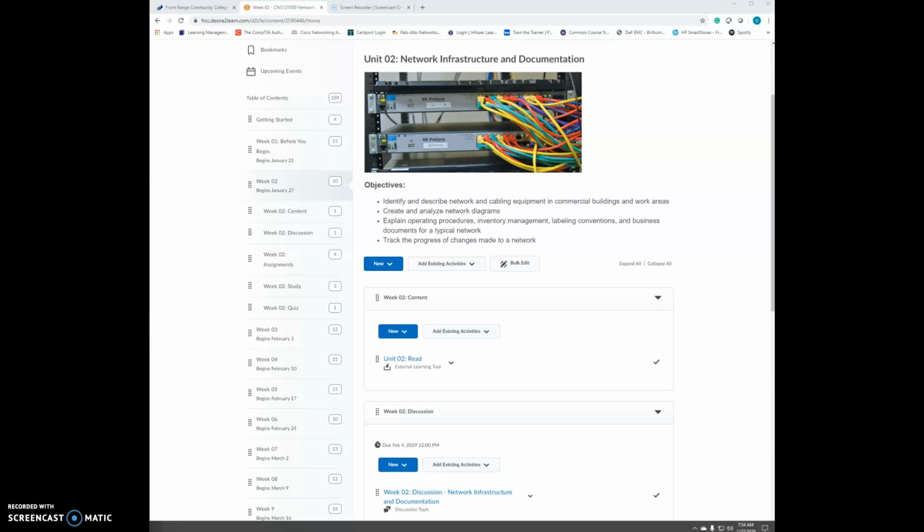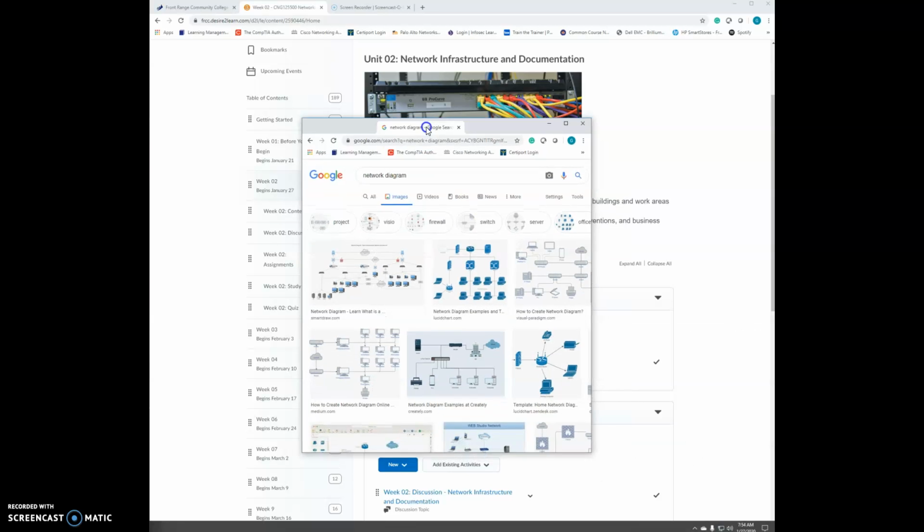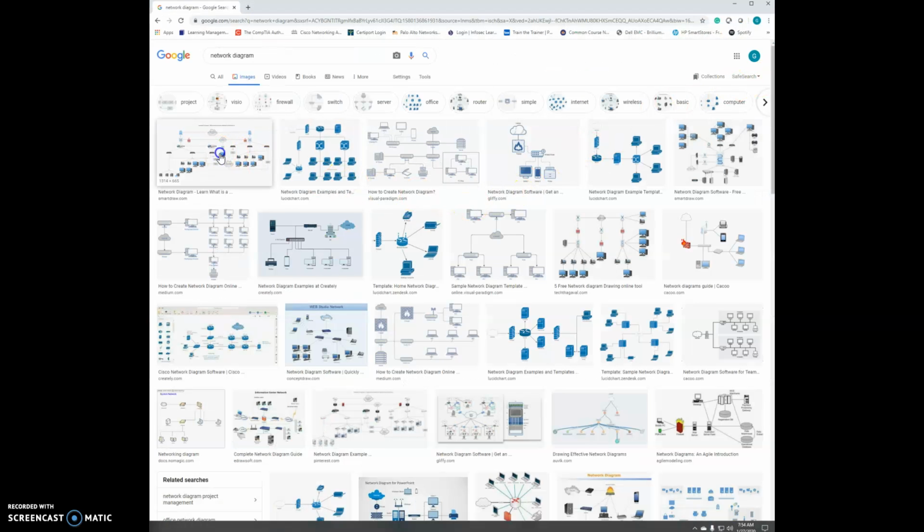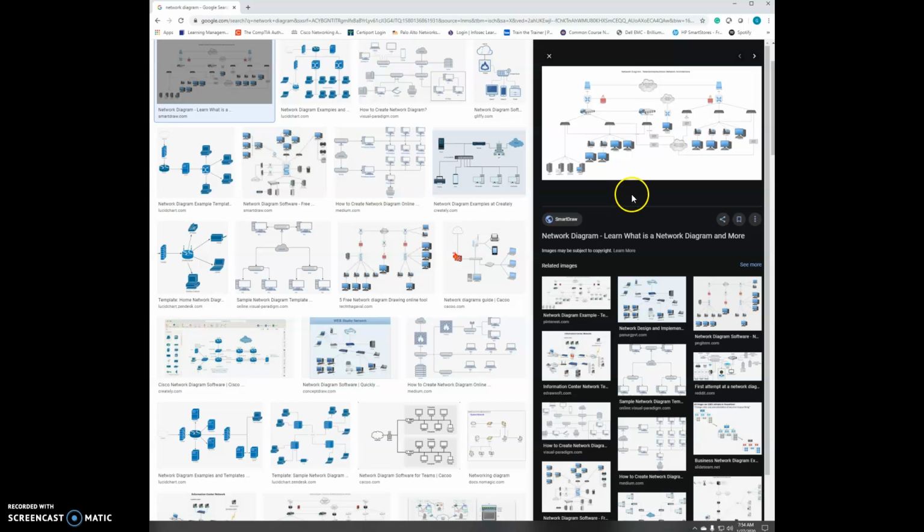For a network diagram, we're going to do these later on this semester, where you're drawing your scenario for whatever I give you. So you're putting in firewalls, switches, routers, client computers, servers, and more switches, and drawing these up as the network diagram.